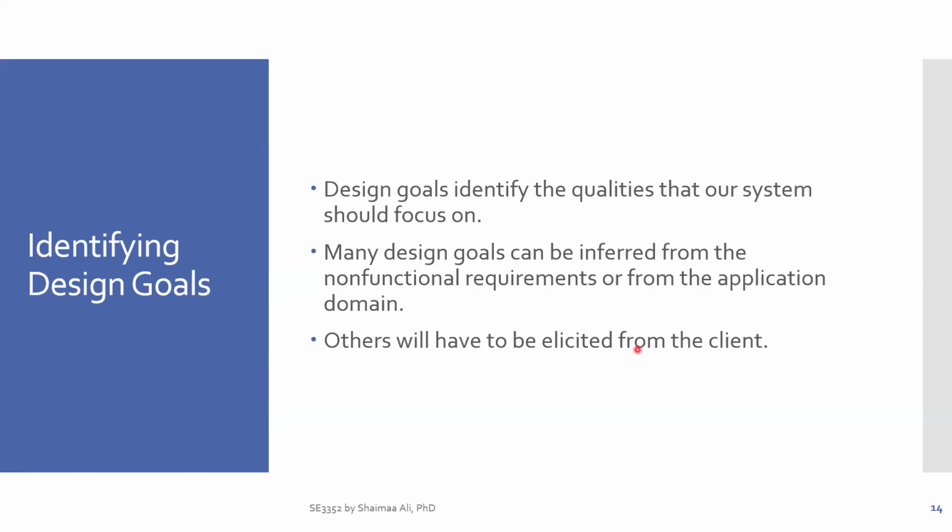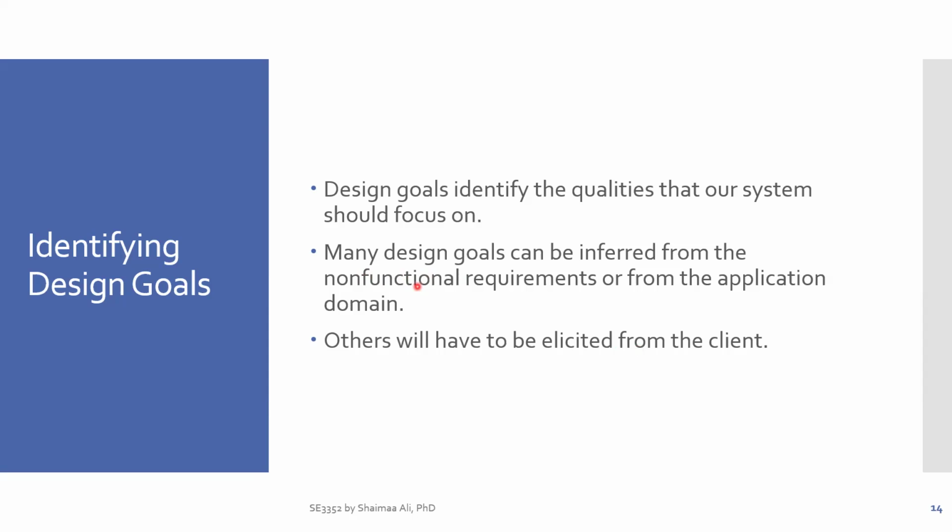Many of the design goals can be inferred from the requirements directly. You can find them listed directly in the requirements, most likely the non-functional requirements. But oftentimes you can also derive them from the application domain in general, so some design goals are applicable to this type of system.